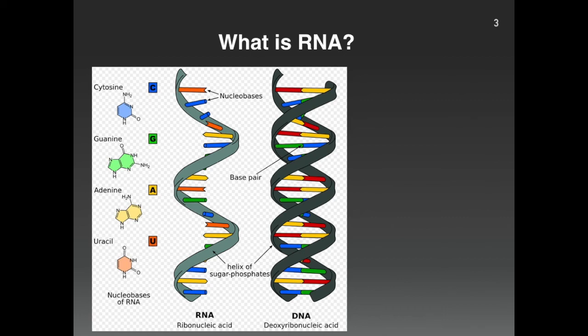As you can see on the left side, you have an example of what these molecules look like. And by comparison, on the right side of the picture, you can see a DNA strand, which is very similar to RNA, except that it is a double helix. So it's like having 2 RNAs together, which forms a double helix. So the virus is a single strand RNA molecule, whereas DNA is a double strand.